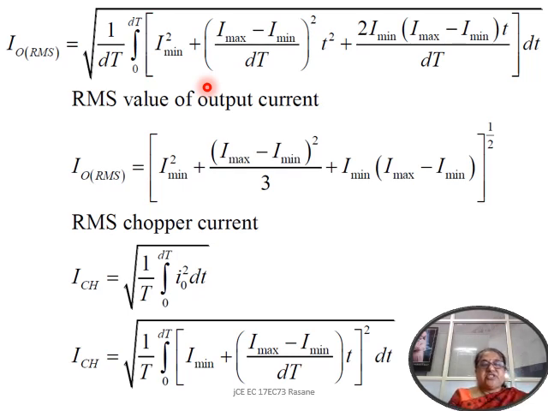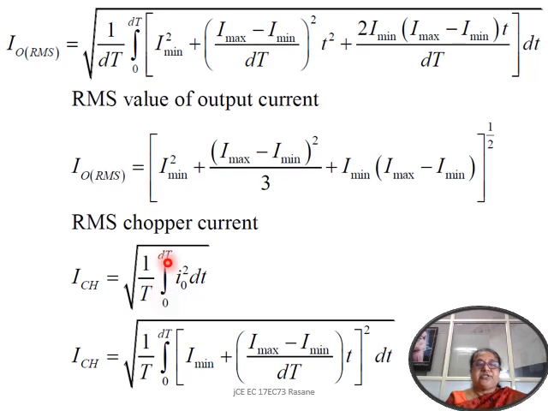Next, RMS chopper current. The RMS chopper current is ICH. Here we had taken the output current and now we are looking at the chopper current. For the chopper current, the duration would be 1 upon T because there is only one pulse in the time period. Earlier we had two pulses.